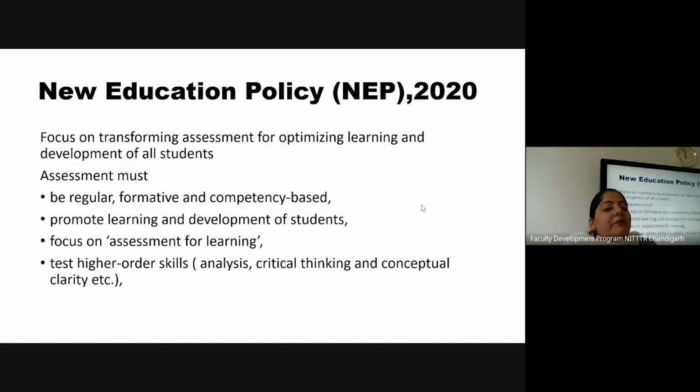Ultimately, from lower order thinking skills, we need to develop the level of the student up to higher order thinking skills, that is analysis, critical thinking and conceptual clarity. In a class of 40 or 60 students, there may be only one or two, or maybe three or four students who are able to develop up to the level of creation or evaluation.